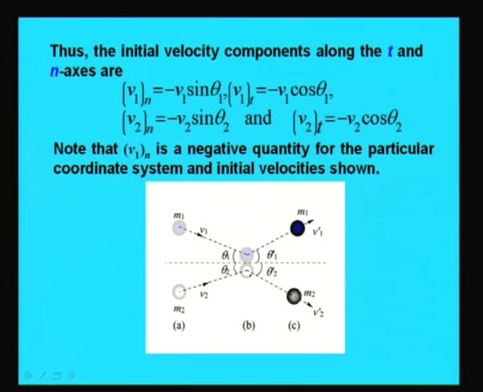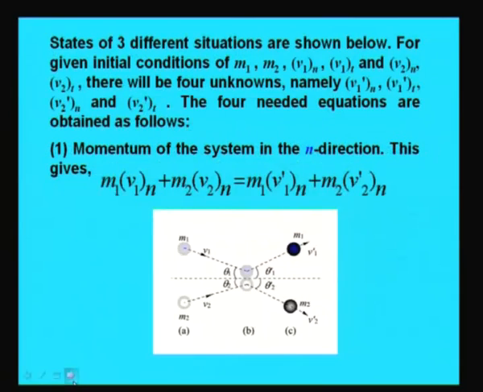Similarly v2n is minus v2 sin theta 2 and v2t is equal to minus v2 cos theta 2. It depends on the coordinate system whether you call v1n positive or negative. If you take the upward direction as y, then it is like this. The states of three different situations are shown below.